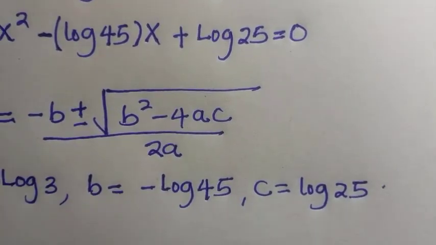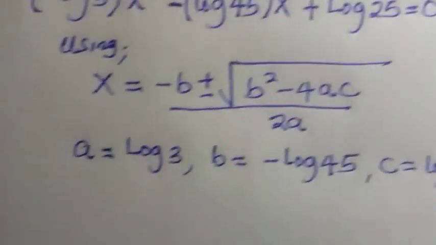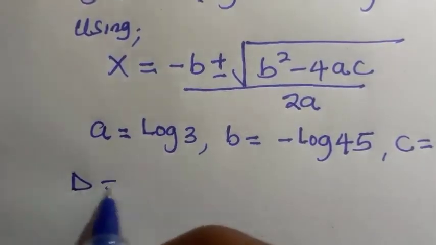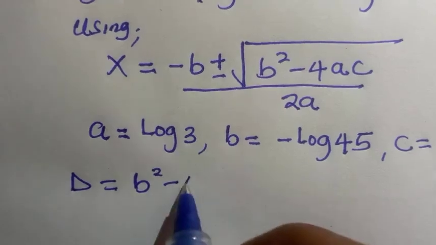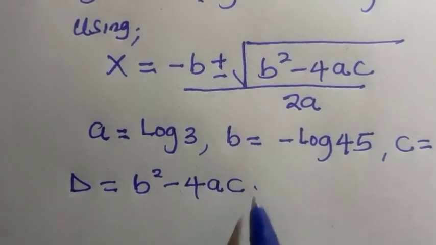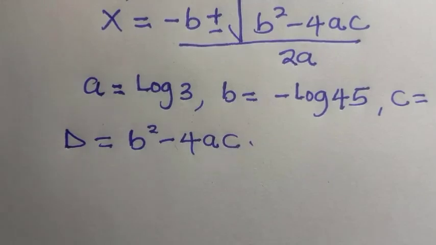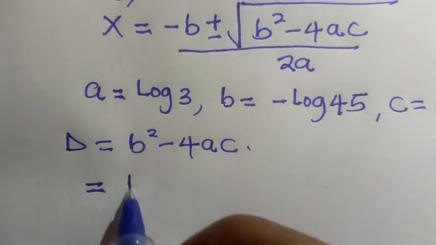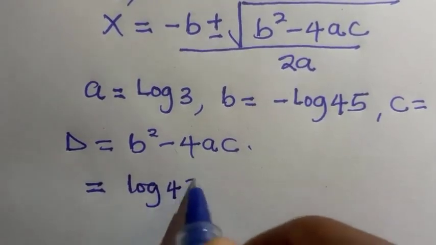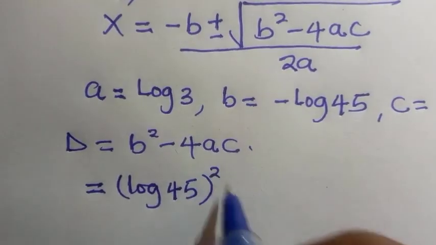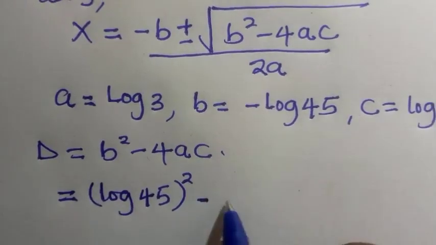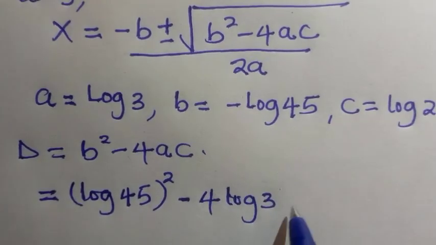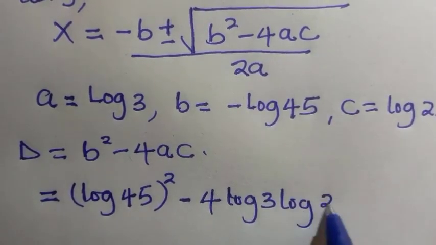So let's find the discriminant. What is in the root, which is b squared minus 4ac, is known as our discriminant. We plug in all these values, where b is minus log 45, but because of the square, the negative goes. Therefore, we have log 45 squared minus 4 log 3 multiplied by log 25.